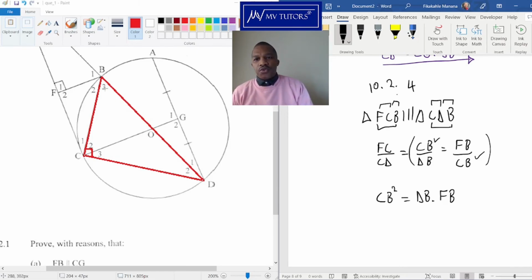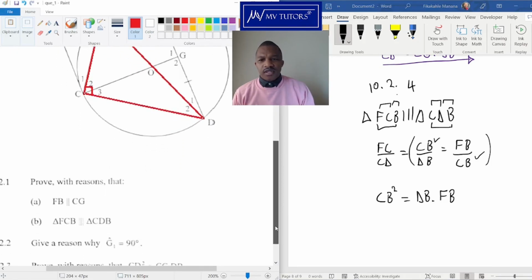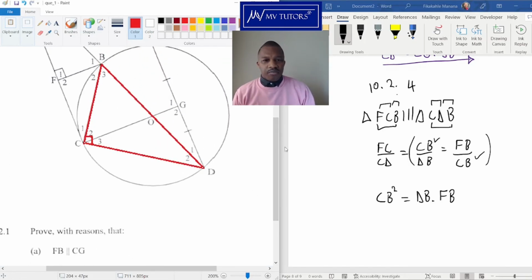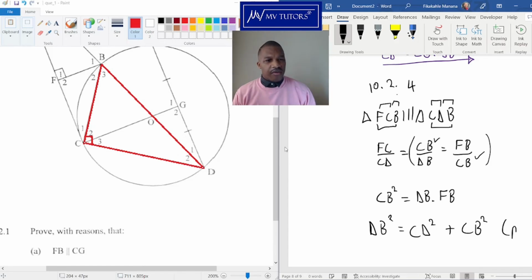Well, we can do Pythagoras now. Pythagoras says DB squared is equal to CD squared plus CB squared. Okay, this is Pythagoras.